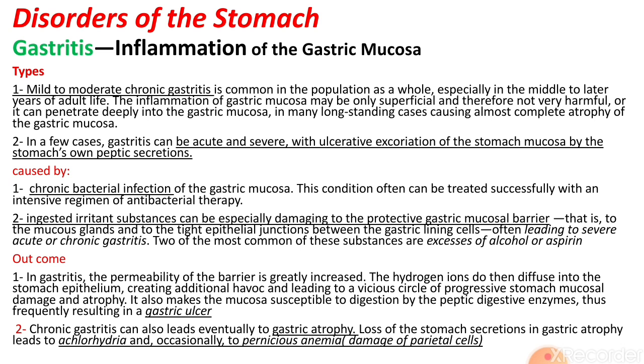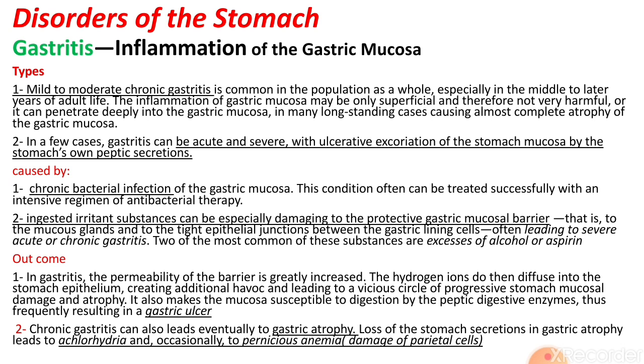It can penetrate through this damage in the barrier, so it can harm the gastric wall or the gastric mucosa, and by time it causes gastric ulcer.